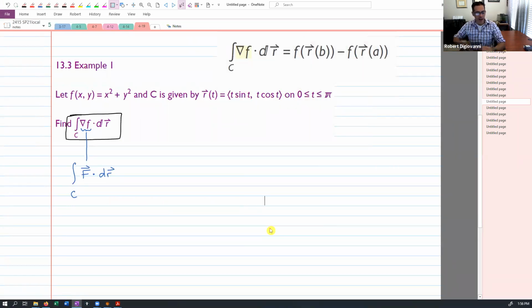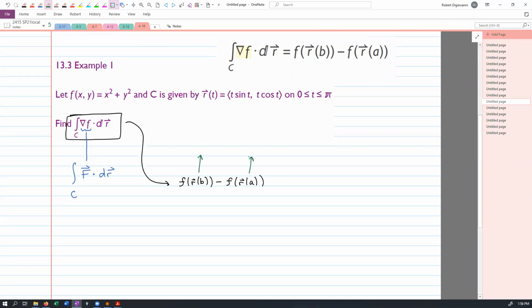So I'm going to use that. I'm going to say that it just becomes f evaluated at r of b minus f evaluated at r of a. Now, what is r of b and r of a? What are those physically? We would take our boundaries and plug them into r of t.